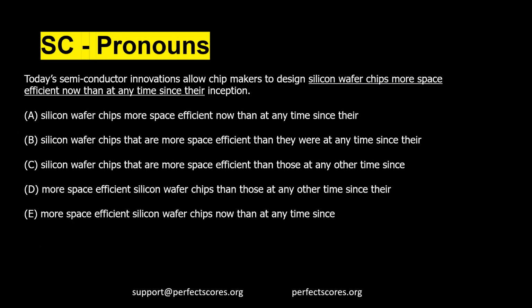So as soon as you read it, you know that there's a pronoun there. So what I want you to do is, again, look at option A and see if it makes sense or not. Just option A. I think there is an error there.